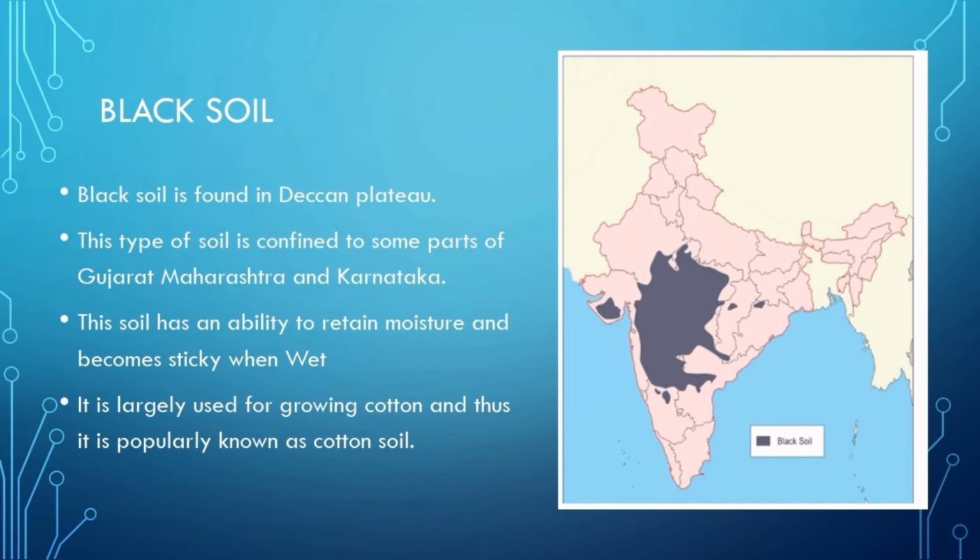This soil has an ability to retain moisture and becomes sticky when wet. It is largely used for growing cotton and thus it is popularly known as cotton soil also. This question is often asked in examinations: which soil type is known as cotton soil? It is the black soil which is known as cotton soil.